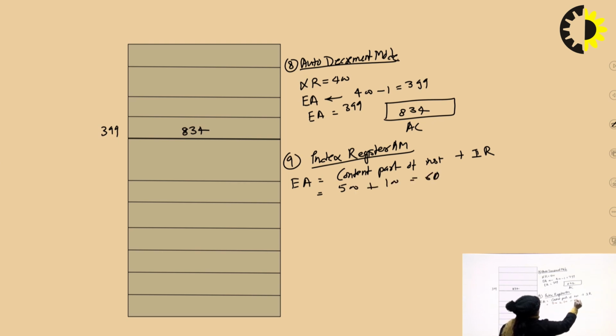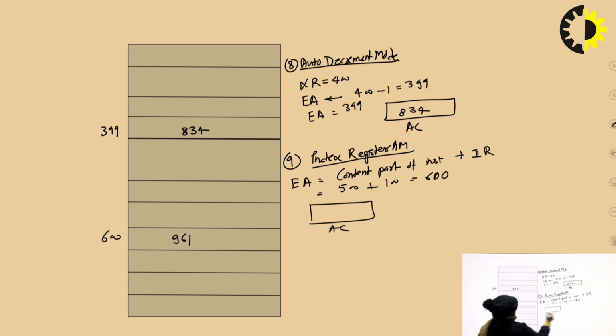gives an effective address of 600. At 600, suppose there is 961. So, this 961 will be treated as the operand in the index register addressing mode.